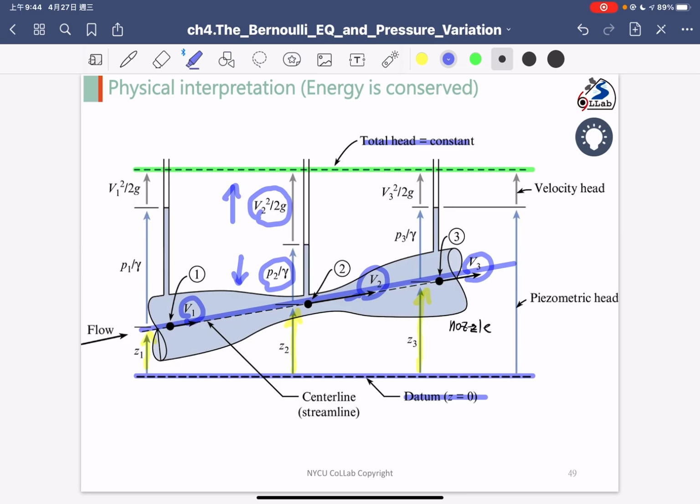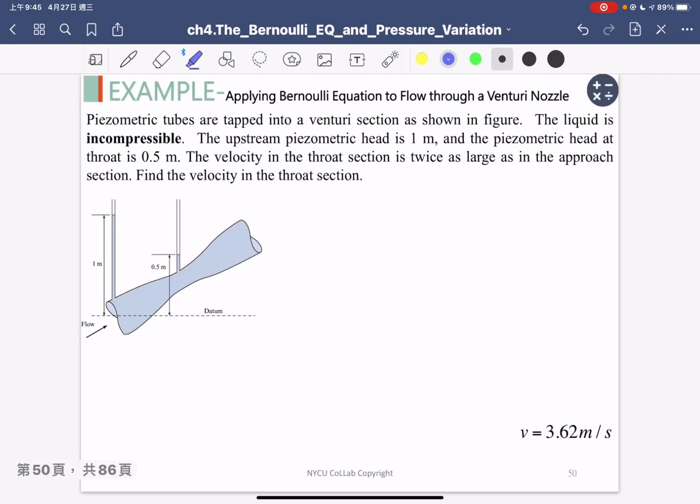So this is what we call the Bernoulli equation. Okay? So we have one exercise, and then when we finish the exercise we can finish our class today.